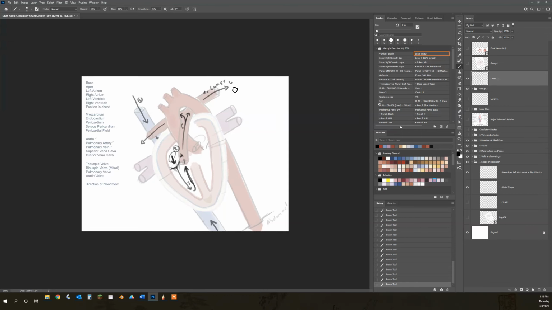It goes out into the lungs, and it drops off CO2, and it picks up O2. Okay, so it drops off carbon dioxide to be breathed out, and it picks up oxygen that you had breathed in. That from the lungs then comes back and it goes through the pulmonary veins.